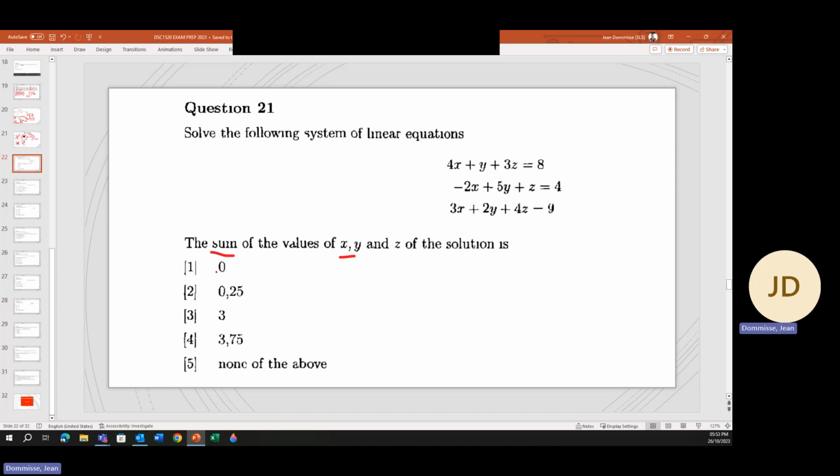So you can't really look at it and say, oh, well, the sum can't be 0 or that's too small, because it can actually happen. Okay, so let's see if there's a way that we can hopefully solve this in an easy way.